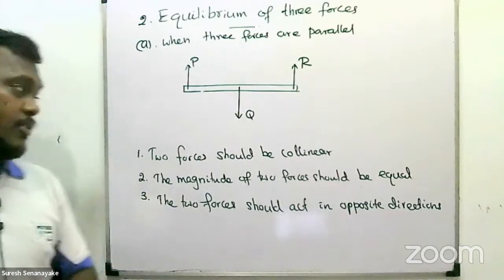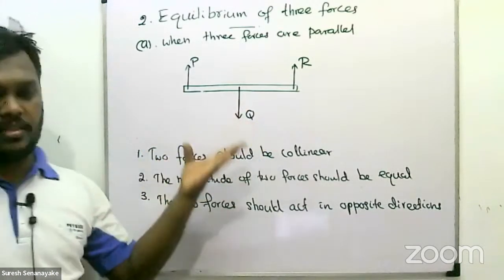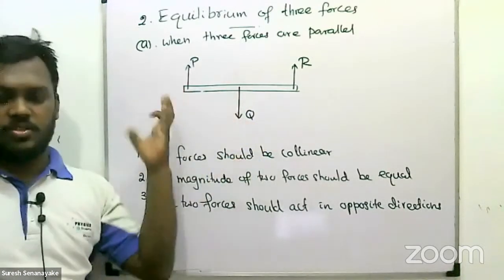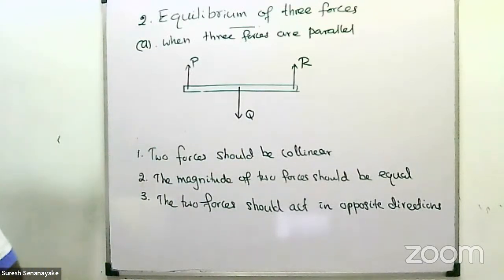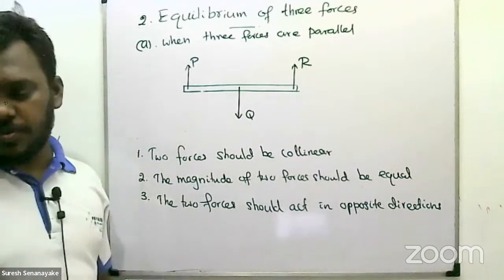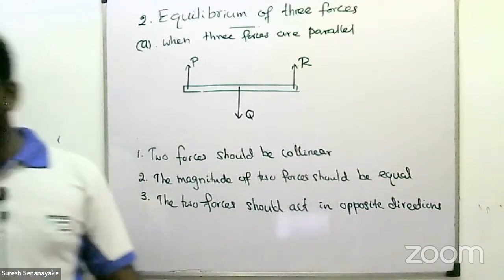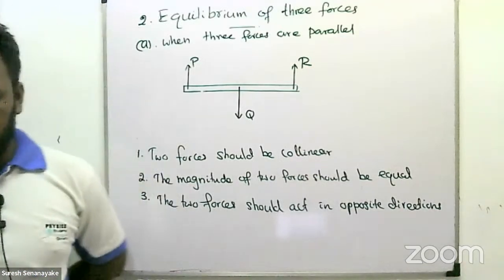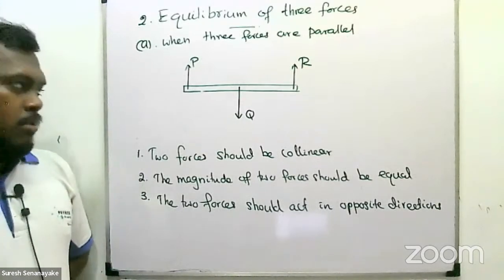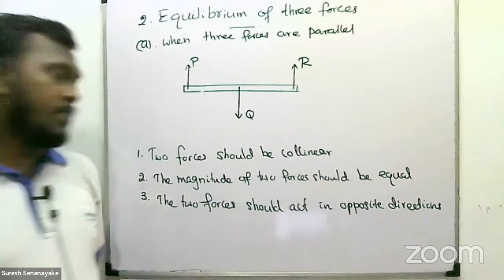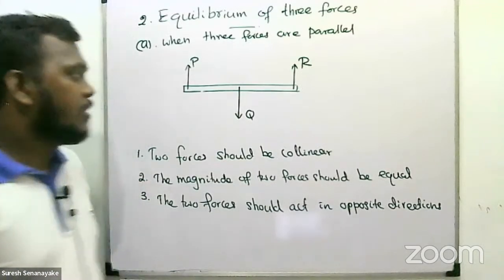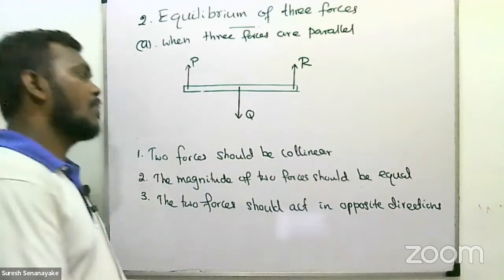Here the condition is that the forces should be parallel and coplanar. So these forces should be in the same plane. The algebraic sum of these forces in their direction should be equal to 0, and the moments of the three forces about any point should be equal to 0.